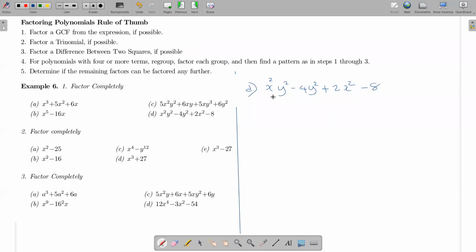So if I use that here, I see a y squared, no? So y squared is common for these two.